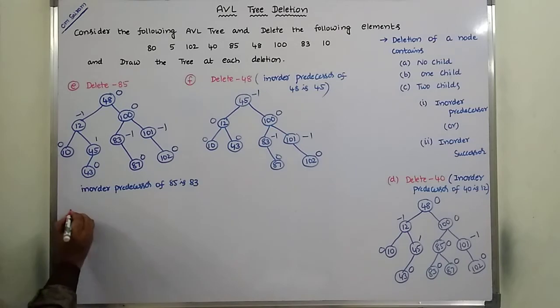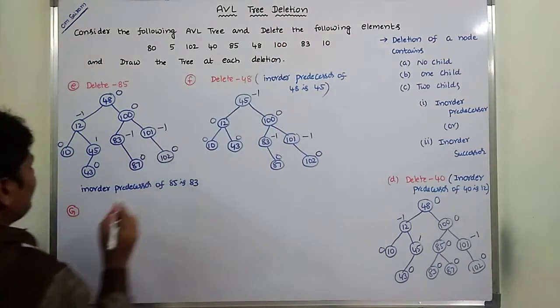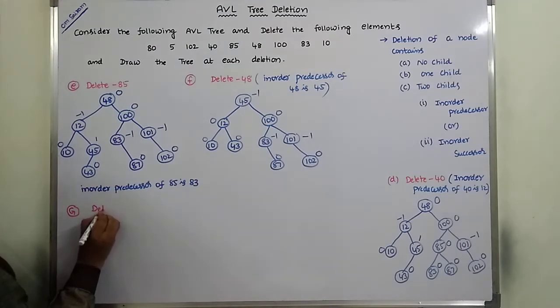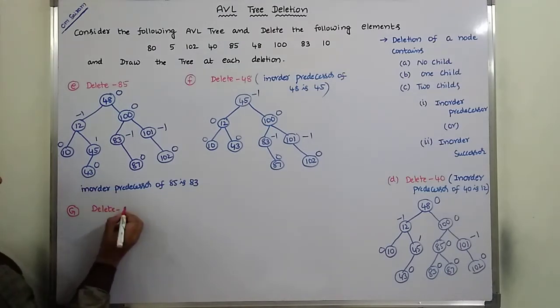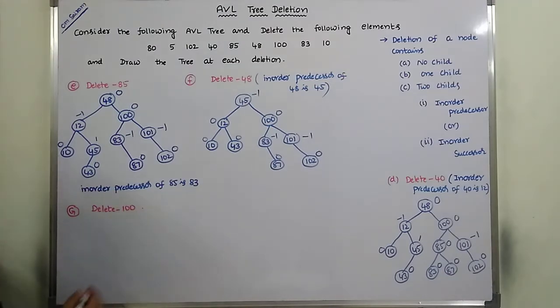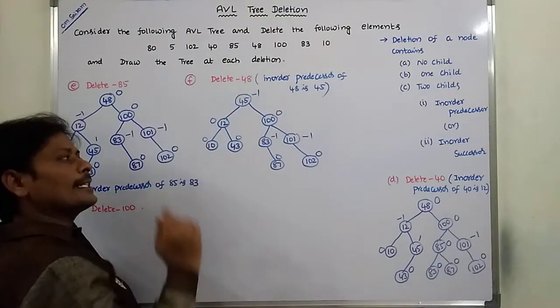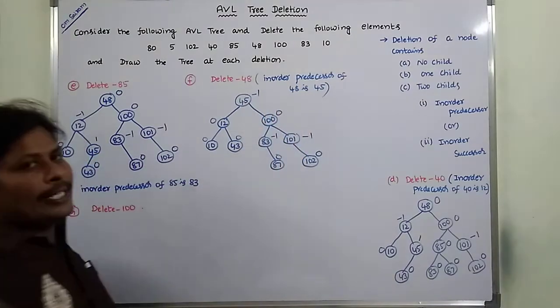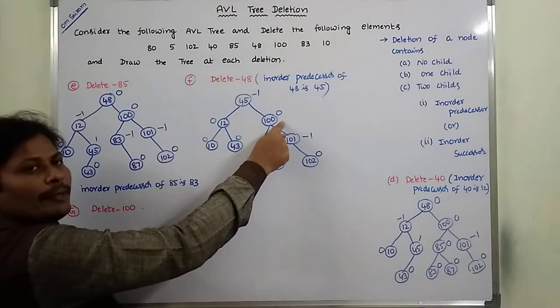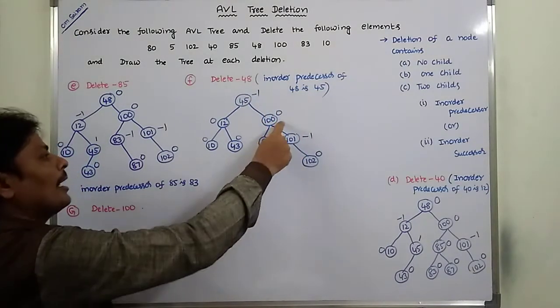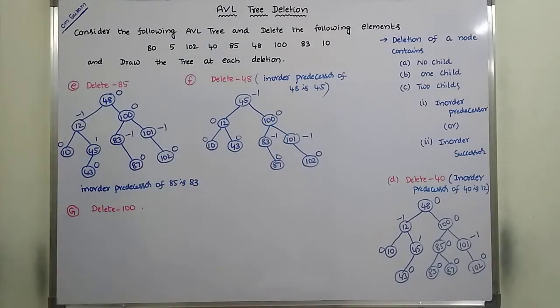Okay. Now, next go to delete 100. First, we have to find out the location of 100. So first, 100 is compared with 45. It is greater. Go to the right subtree. Next node is 100. 100 is compared with 100.